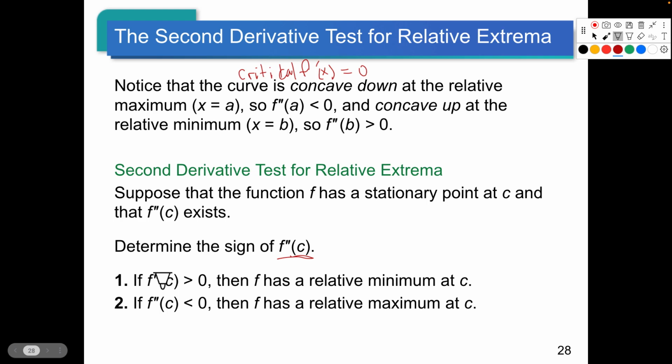If the second derivative at that particular point is greater than 0, which means positive, then we would have a relative minimum because it's concave up. If the second derivative is negative, that's what this part here is saying, then we'd have a relative maximum because it is concave down. Okay, so this is just another test that can be used. You don't have to.